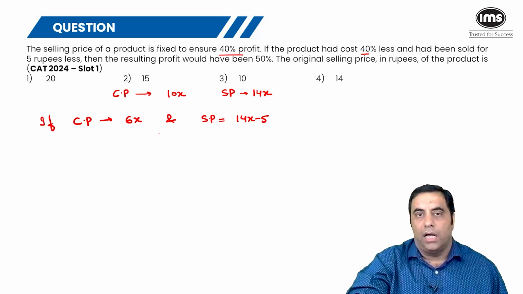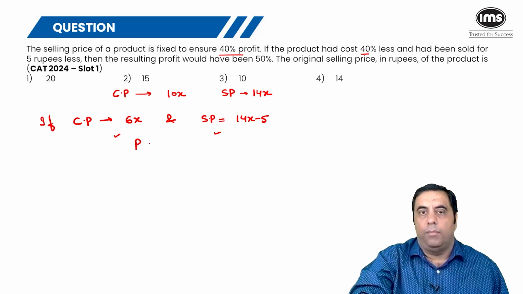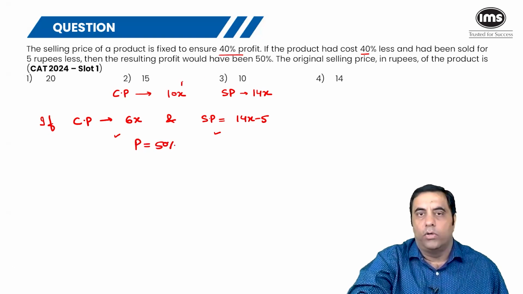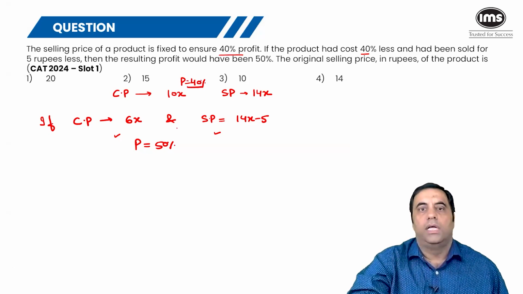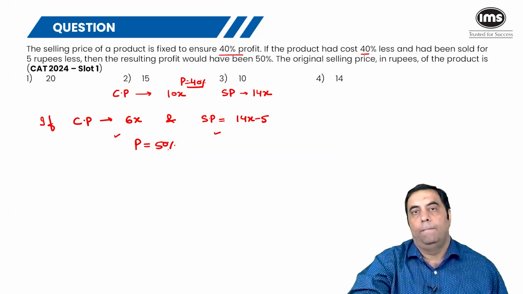Now with this data, I know this is the cost price, this is the selling price, and it is given that my profit is 50%. Earlier my profit was 40%, but now they are saying my profit is going to be 50%. And from this, I am supposed to calculate the selling price, which is 14x.